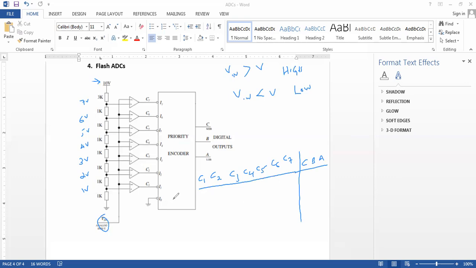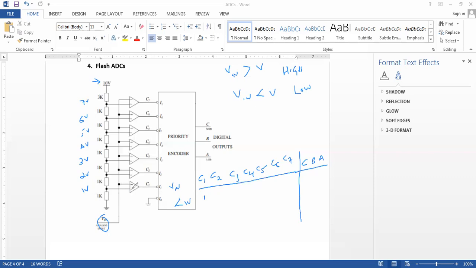If our analog input voltage Vin is less than 1 volt, you notice that Vin is less than 1 volt and therefore C1 is going to be high.